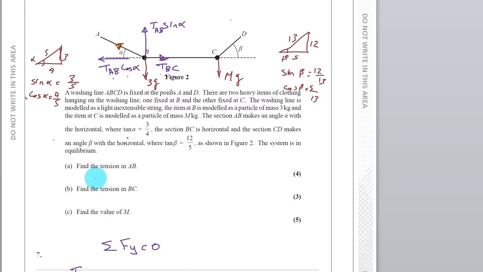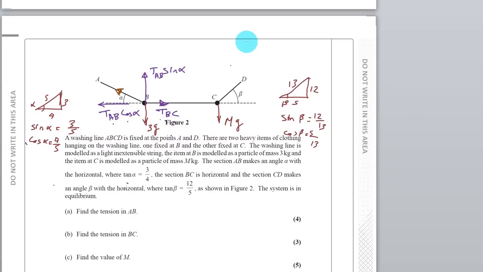Now find the value of M. Let us go now to the second direction, which is at point C. At point C, we have now tension T_DC.